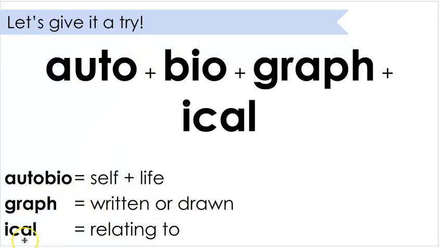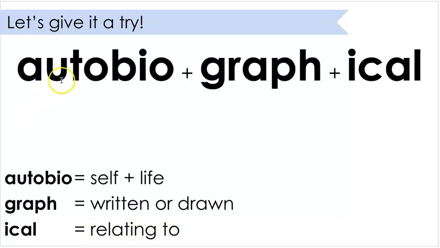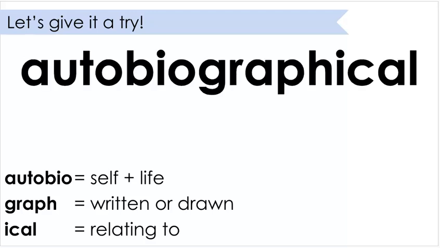Graph still means written or drawn. Ical still means relating to. So we combine these: autobio plus graph plus ical. What's our new word? Autobiographical. Even I messed up on that one. What do you think that means with all these definitions?